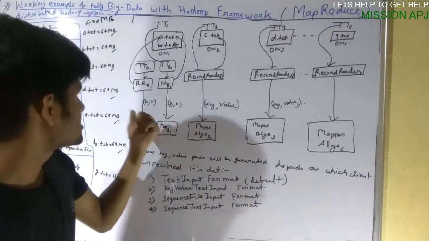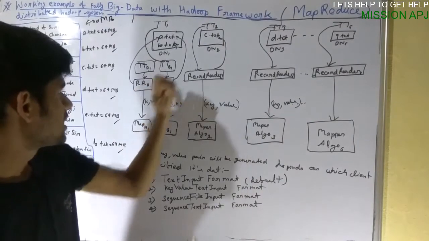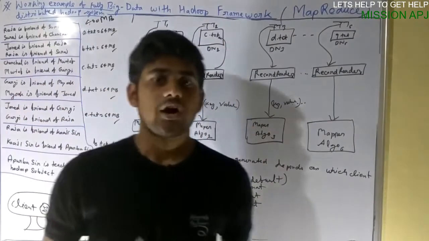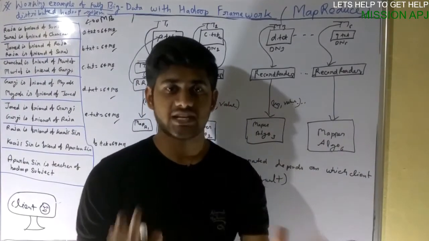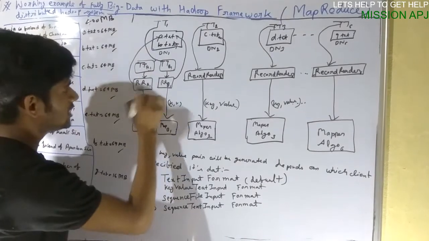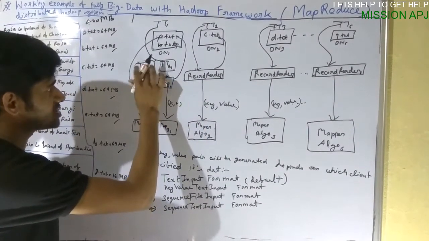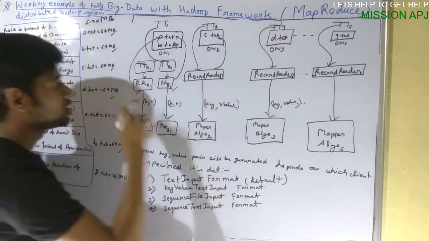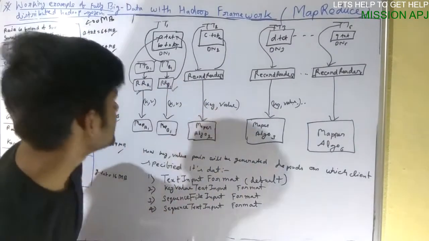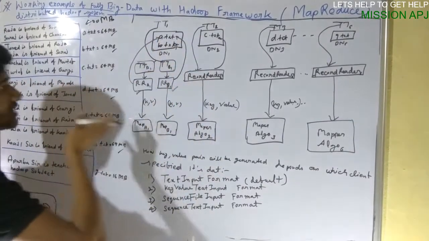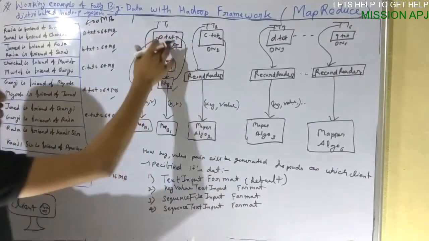Task tracker A1 and task tracker B1 will initiate record readers to read the data. Task tracker A1 initiates record reader A1, and task tracker B1 initiates record reader B1. Record reader A1 will go to the a.txt file and read, and record reader B1 will go to the b.txt file.